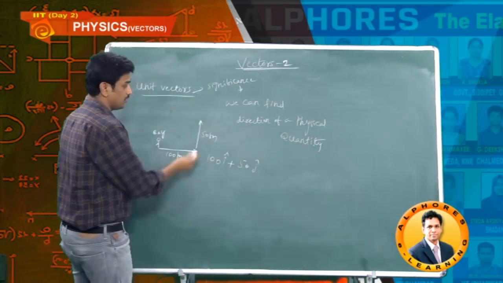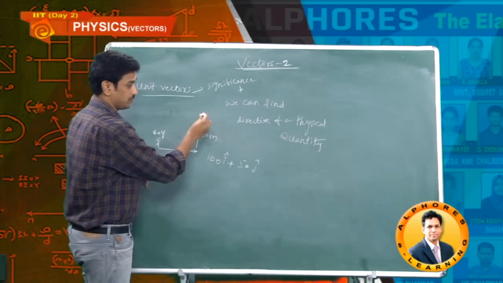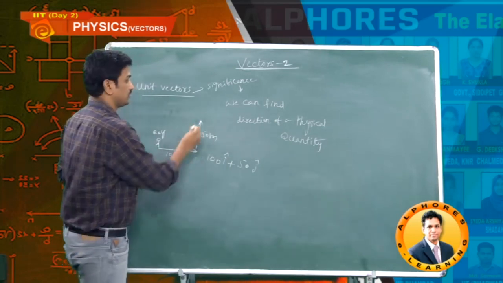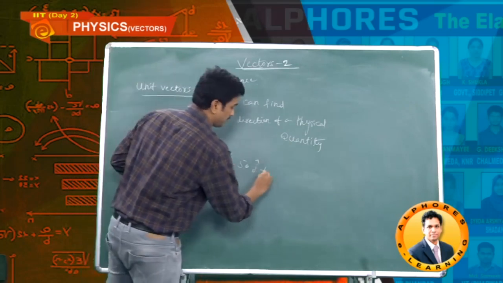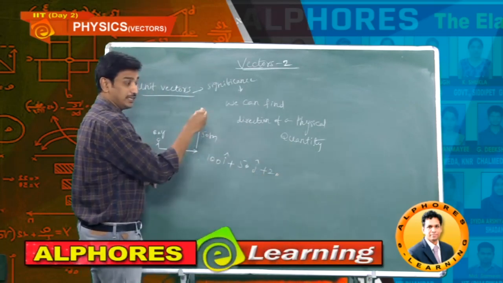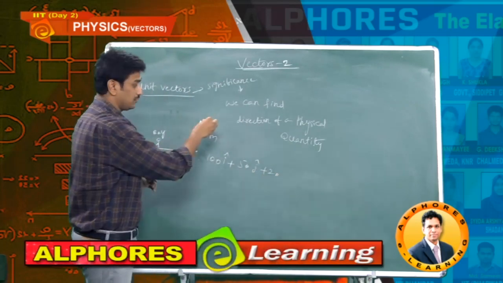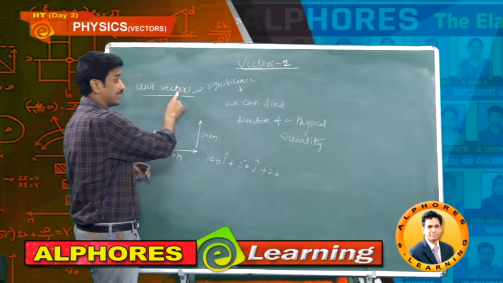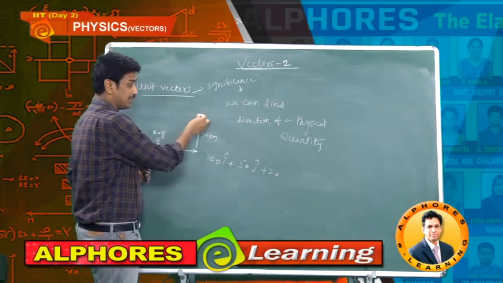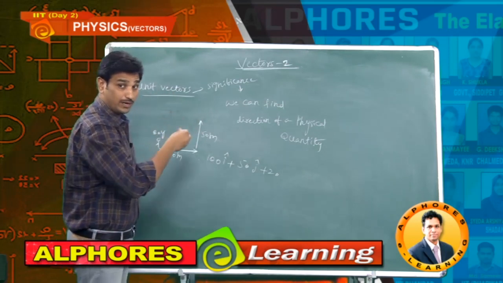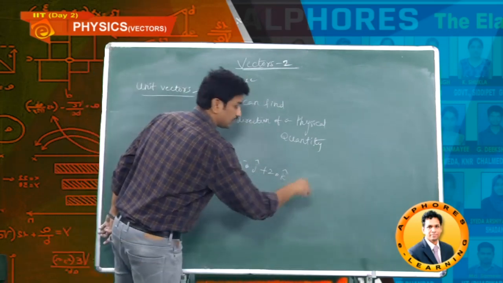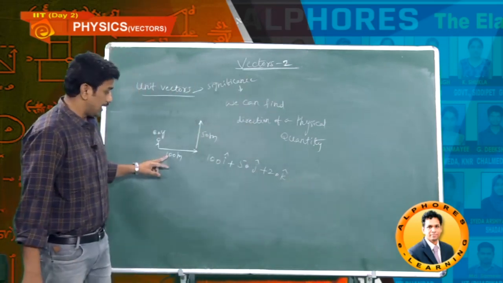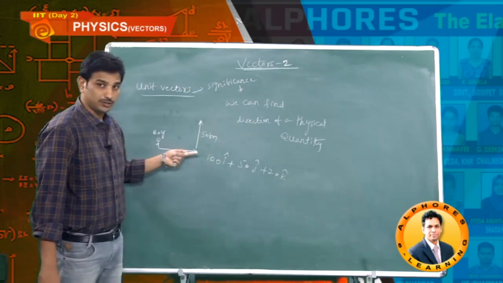Who is that unit vector along the y axis? J cap. After this, suppose like this, out of the board, 20. I know the 20, but I don't know the direction. Whose help do I have to take? Unit vector help. Along the z axis, who is the unit vector? K cap. Now I know the magnitude but I don't know the direction, so I took the unit vector's help.